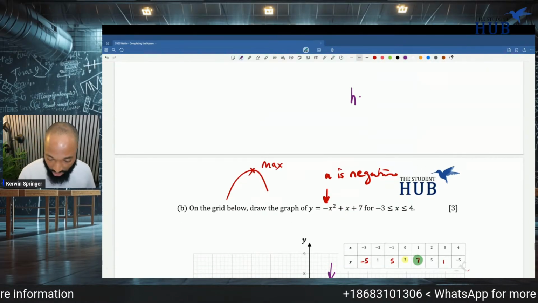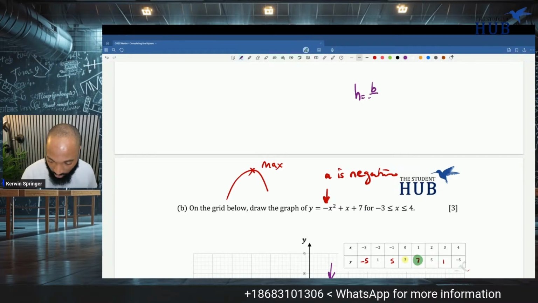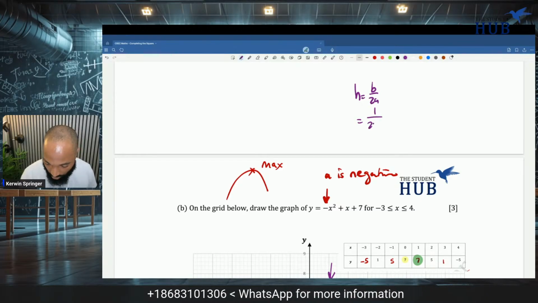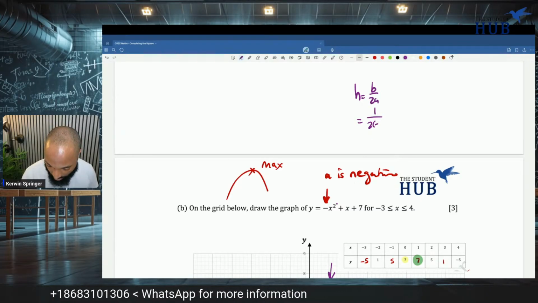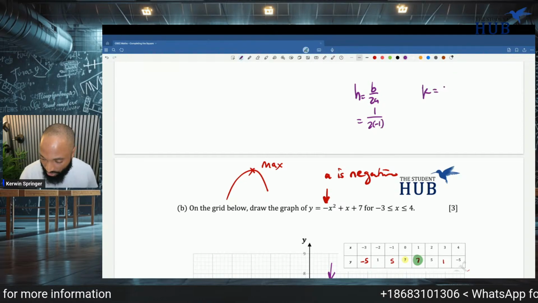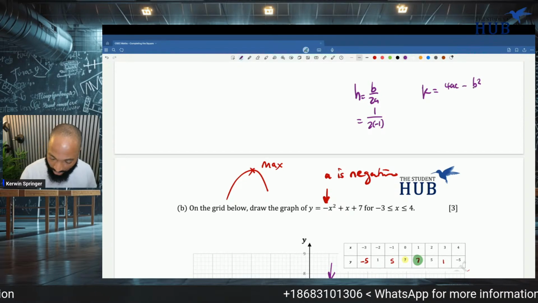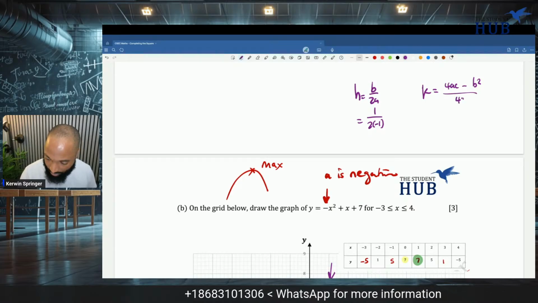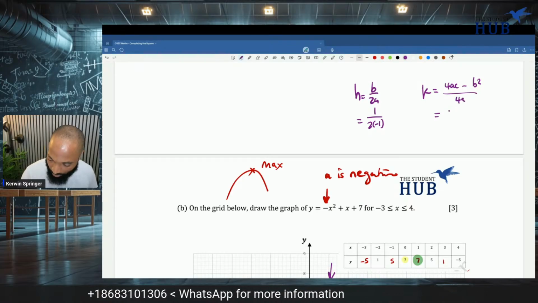Now, h is equal to b over 2a. So this is 1 over 2 by negative 1. K is equal, I'll work it out. They want you to use the graph here, but I want to work it out to see if it really went to half. I might even show them now working it out.